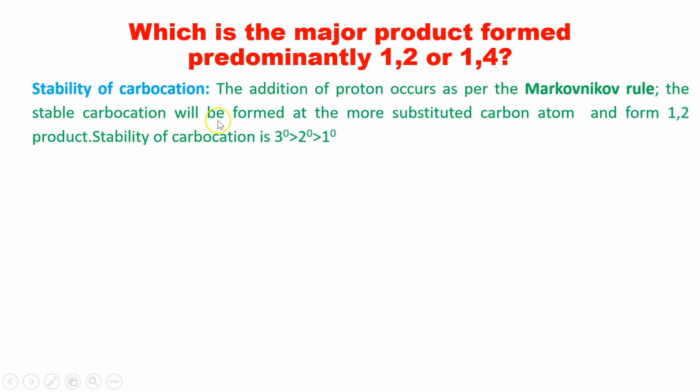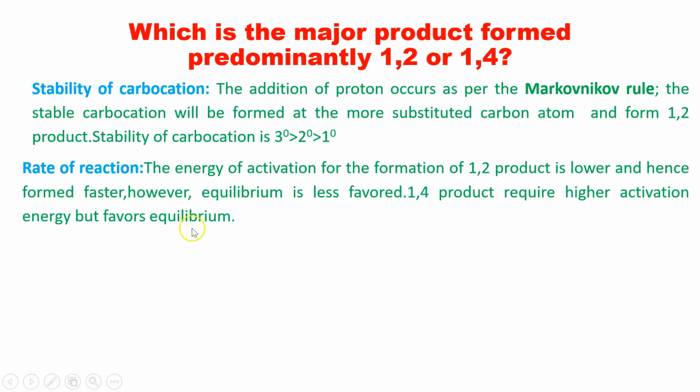The carbocation will be formed at the more substituted carbon and form the 1,2 product. As we have seen, the more stable carbocation, that is the secondary carbocation, is formed in the diene. So as per the stability, and as per the Markovnikov rule also, we should get the 1,2 addition product.